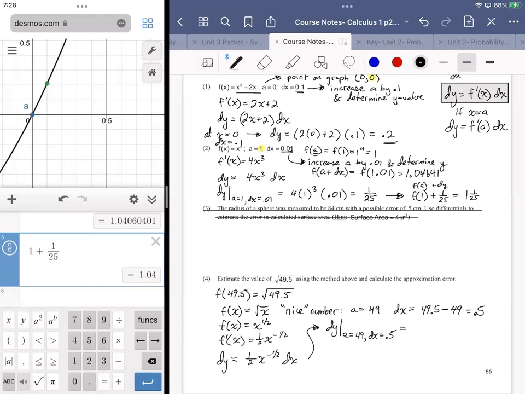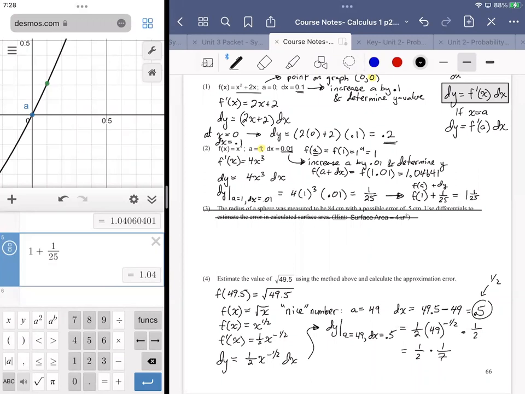So that's going to be 1/2 times 49 to the negative 1/2 times, dx, which can be thought of as 1/2. So 1/2 times 1/7, because you flip the 49 over and it becomes 1 over 49 to the 1/2. The square root of 49 is 7.